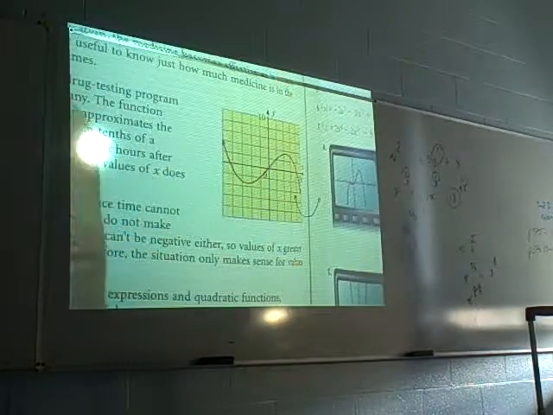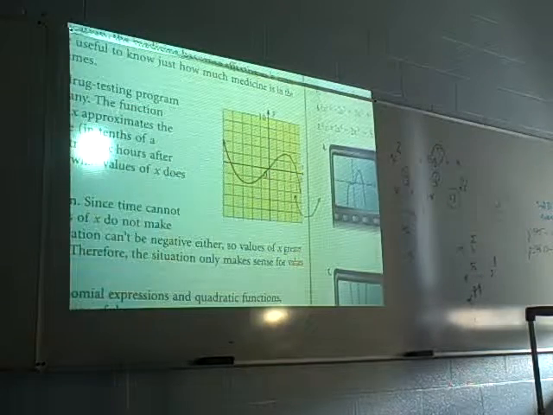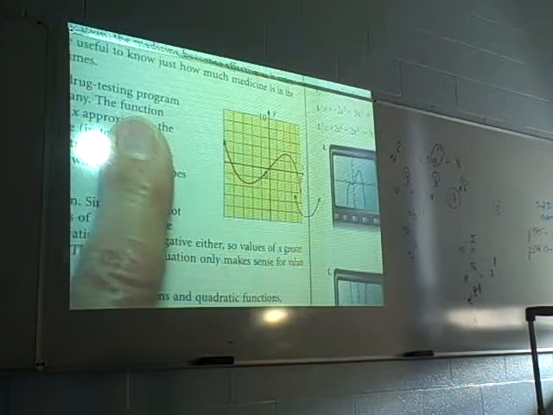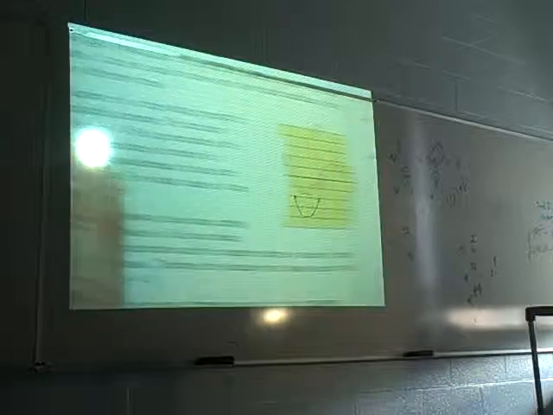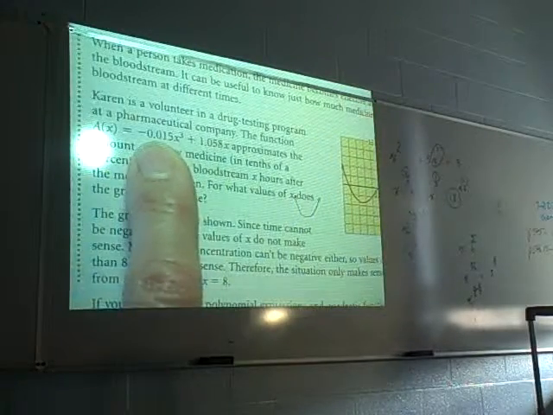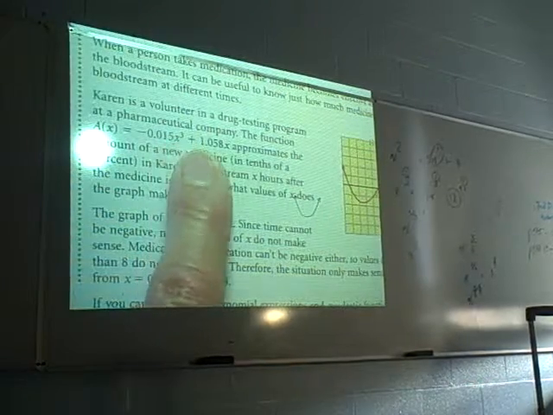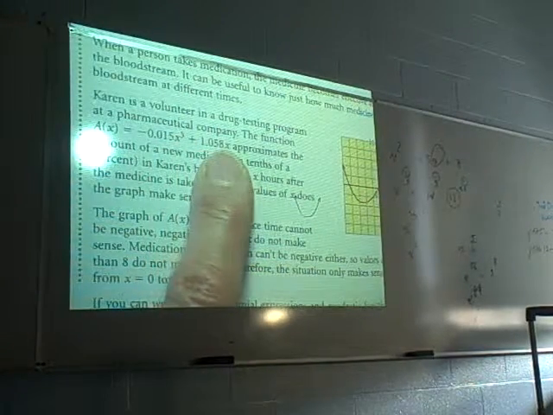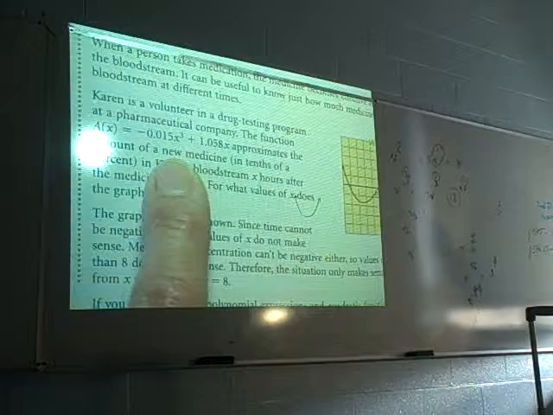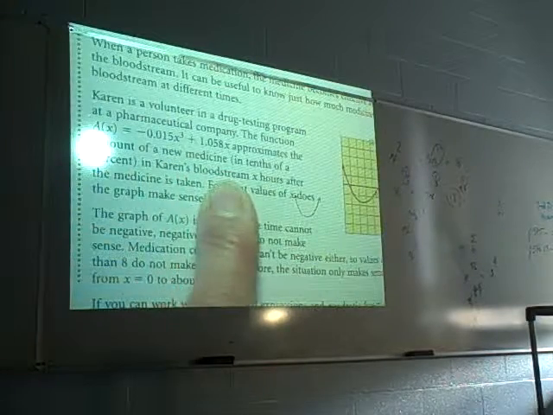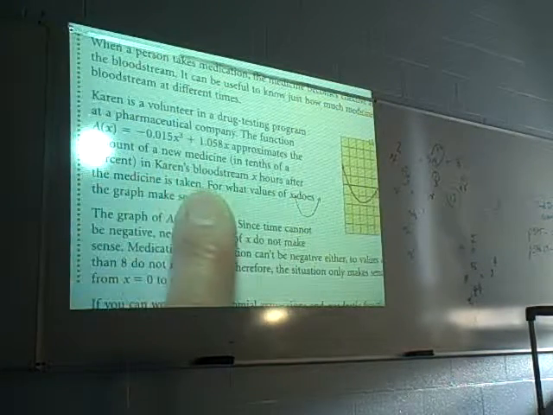Karen is a volunteer in a drug testing program at a pharmaceutical company. The function is negative 0.15 x to the third plus 1.05x, which approximates the amount of new medicine in her bloodstream after the medicine is taken.